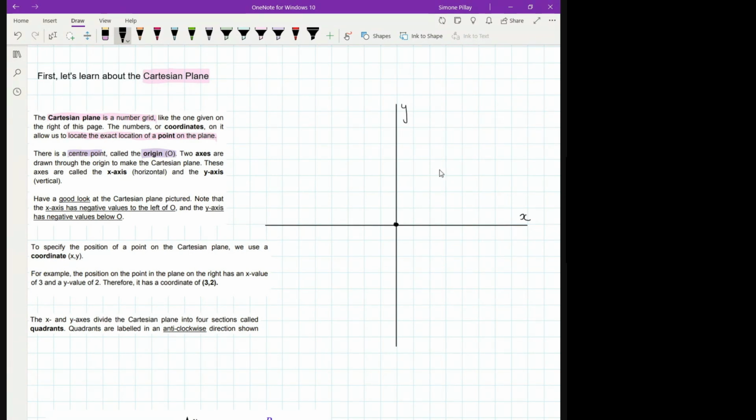Now, I always remembered it, and I've told you guys this before, as y to the sky. All that it means is that your y-axis is the one that's pointing upwards. Think of if you were drawing a picture and you had your sun in the little corner here with your birds.